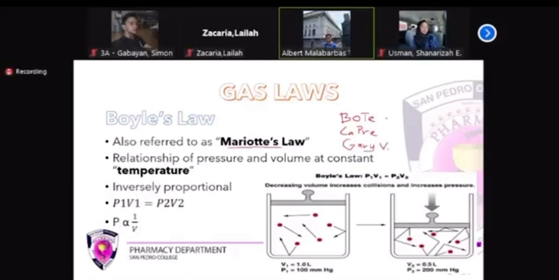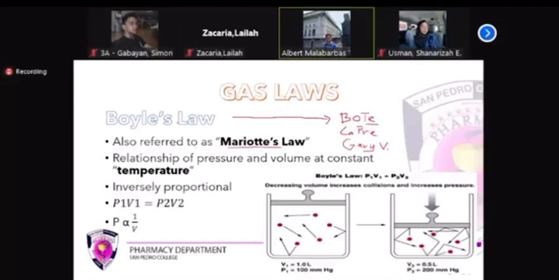Itong bote, capre, Gary V, it gives me what are those parameters in those gas laws na constant. So for example, for Boyle's law, bote, the constant parameter here is temperature.